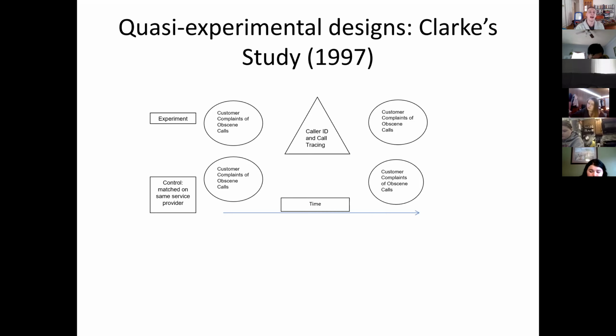That's another type of criminological experiment that is not done in a lab per se. It's more of a quasi-experimental design where you're looking at people who are very similar in some important respect, because they're on the same service provider, doing a survey of obscene phone calls, and seeing that the people who had the caller ID box did report receiving fewer prank phone calls, fewer obscene phone calls.